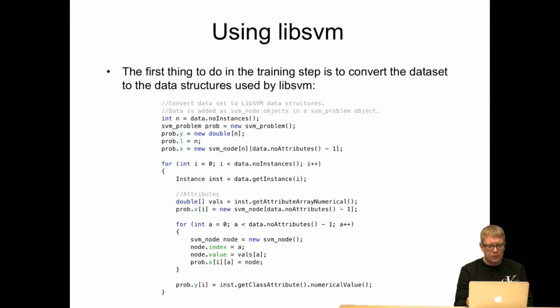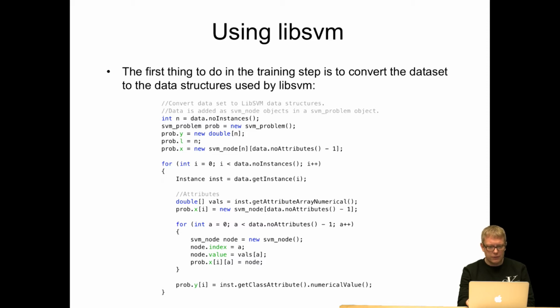And then we iterate over all instances in the training data, and we get the attributes as a double array, and the problem.x at position i, that's the row for the current training example, is a new SVM node array with the size of the number of attributes. And then we iterate over all attributes. In the example, we create a new SVM node and set some values.